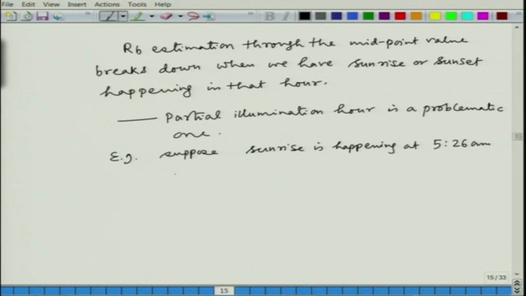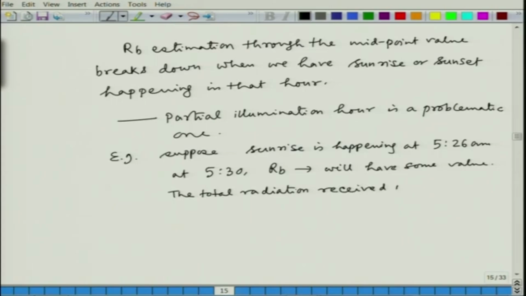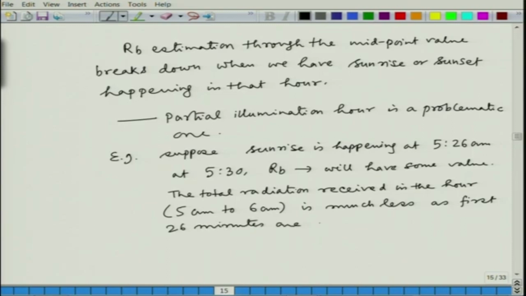Now, at 5:30 the estimated R B will have some value, right, and the total intensity or the total radiation received in the hour between 5 am to 6 am is much less, right, as the first 26 minutes are under darkness, because the sun has not risen till the first 26 minutes.